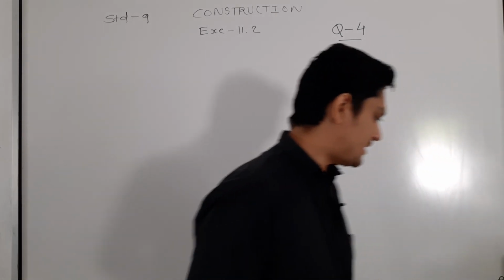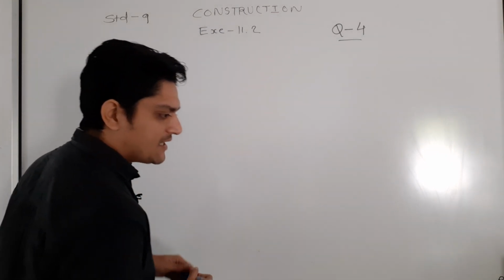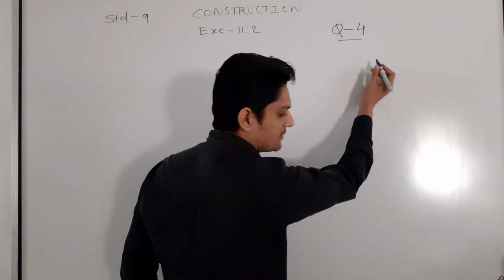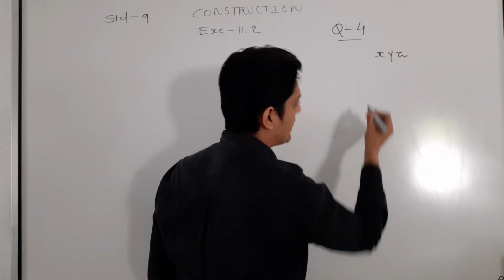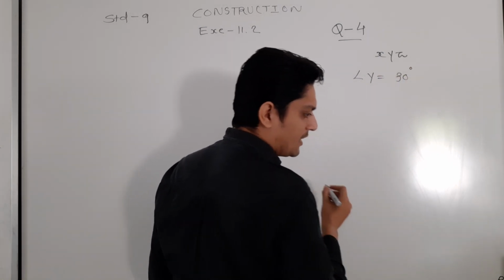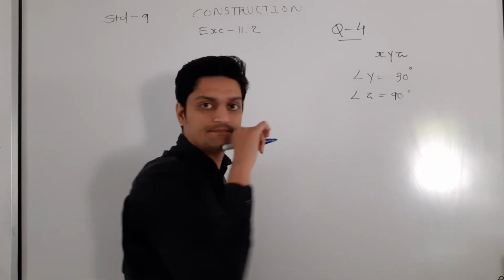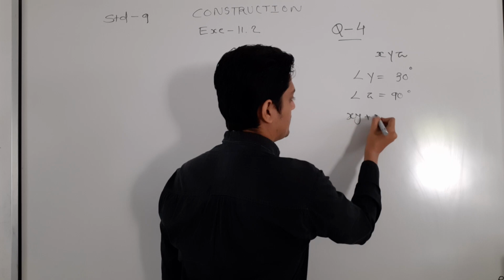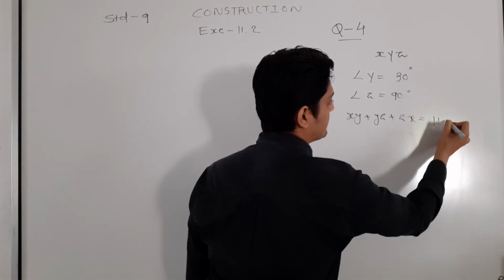The fourth question says: construct a triangle XYZ in which angle Y is equal to 30 degree and angle Z is equal to 90 degree, and the sum of 3 sides, XY plus YZ plus ZX, is equal to 11 centimeter.